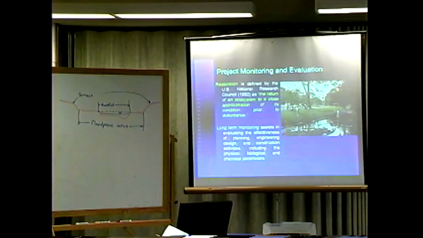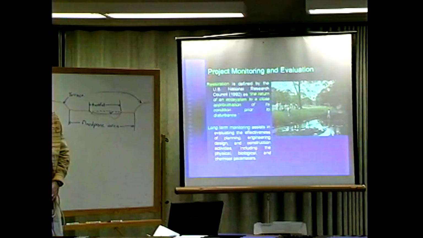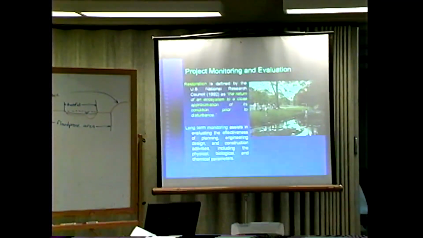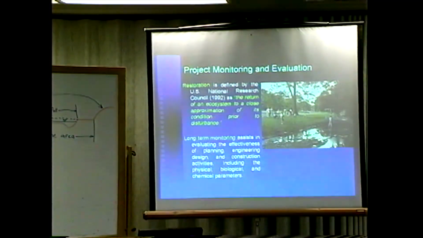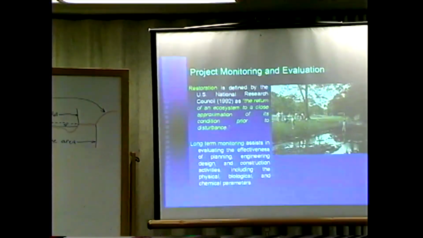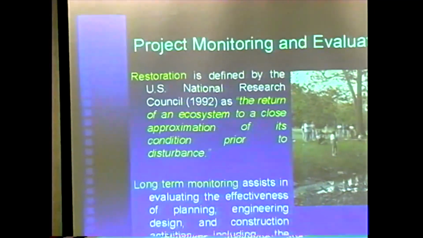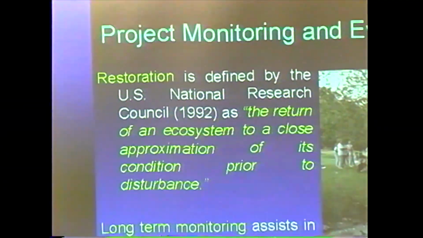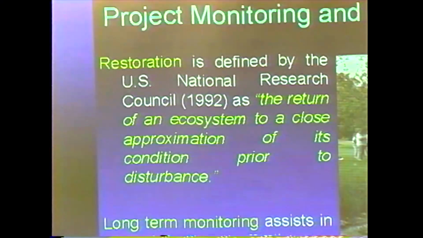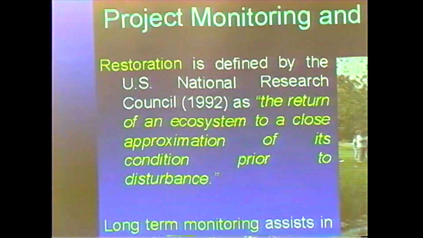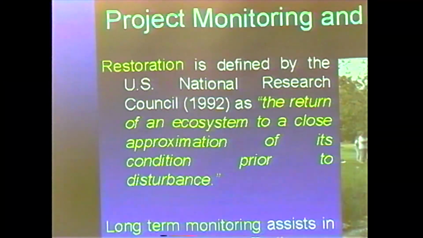And then the project monitoring. How do we evaluate the project area? Well, restoration was defined by the National Research Council as the return of an ecosystem to a close approximation of its condition prior to disturbance. We're not trying to return McLaughlin Run to a pristine situation. We don't have a pristine surface area, the land area, with all the imperviousness, so it will be impossible to try and get it back to its original pristine condition.